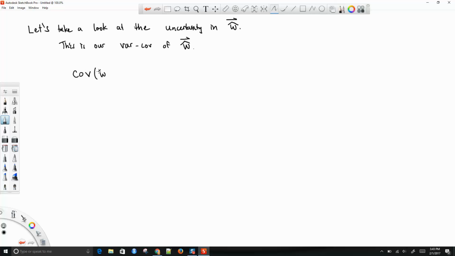Okay, and so basically we're going to use the definition of the covariance, which is basically the expected value of W hat squared, which is going to be W hat transpose, minus the expected value of W hat itself squared.